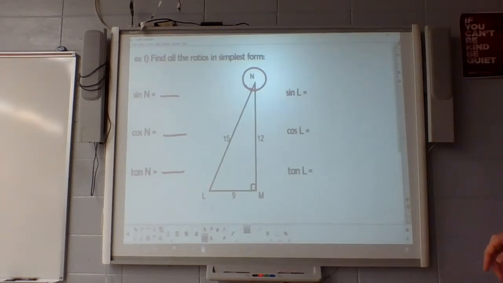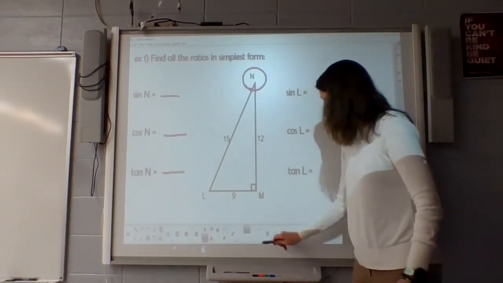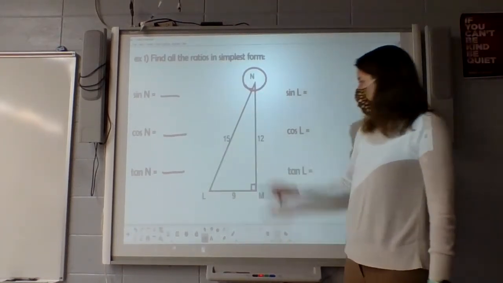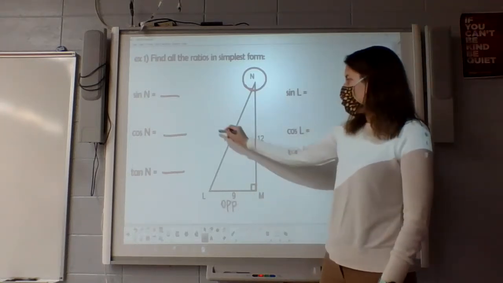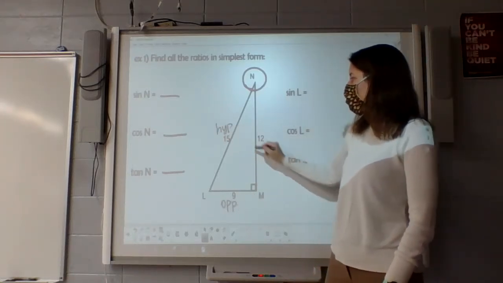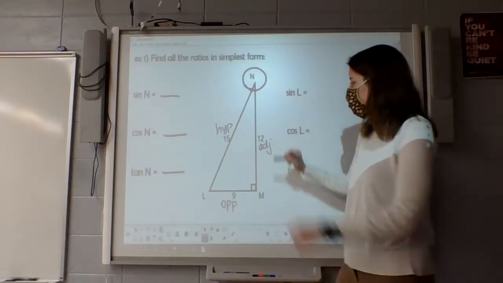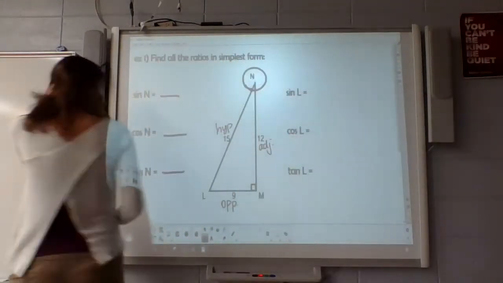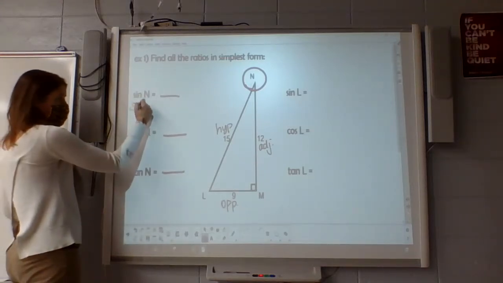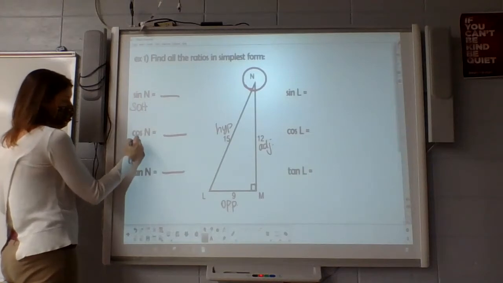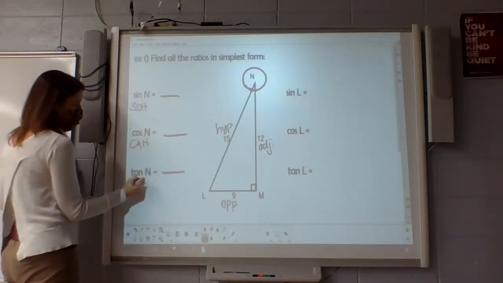So hopefully you guys were able to label this triangle based off of n. So I start with my opposite side would be this 9, my hypotenuse, and then our adjacent. So again, with our sine, cosine, and tangent, until you guys get the hang of it, or even when you do have the hang of it, we have SOHCAHTOA.